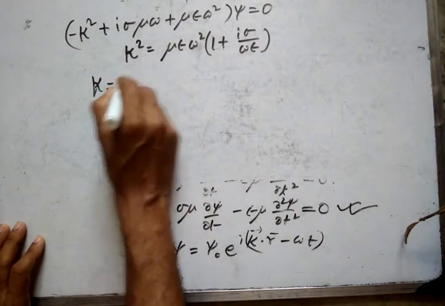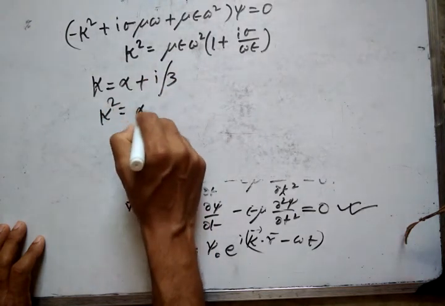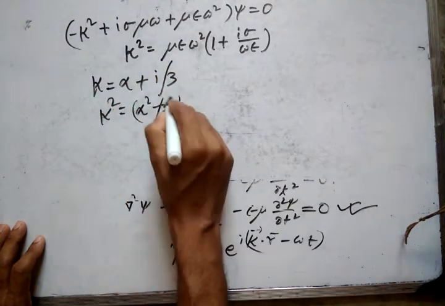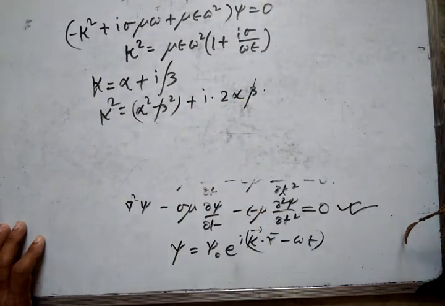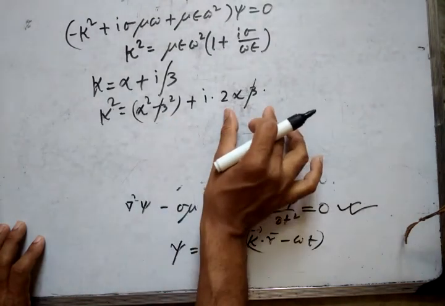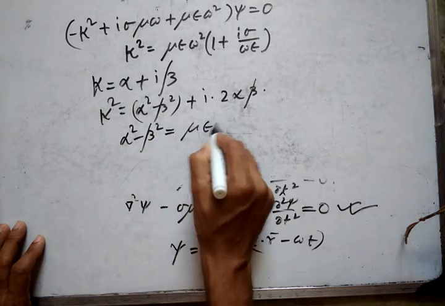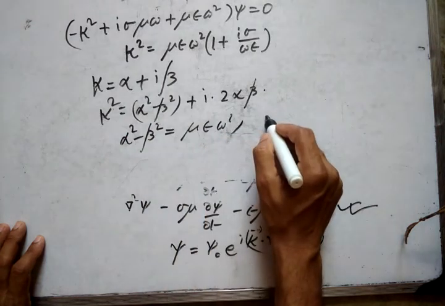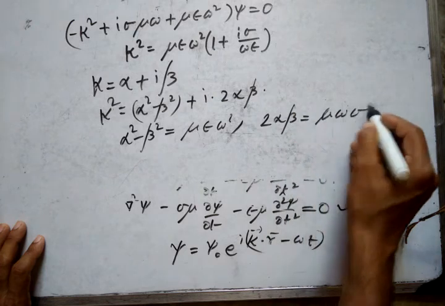And taking k equals alpha plus i beta, we get k square equals alpha square minus beta square plus i into 2 alpha beta. Comparing the real and imaginary parts, we get alpha square minus beta square equals mu epsilon omega square, whereas 2 alpha beta equals mu omega sigma.